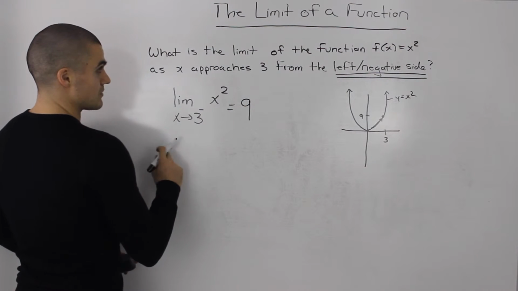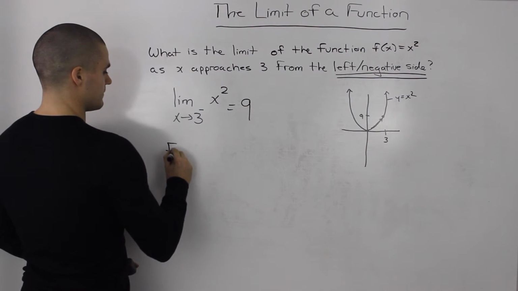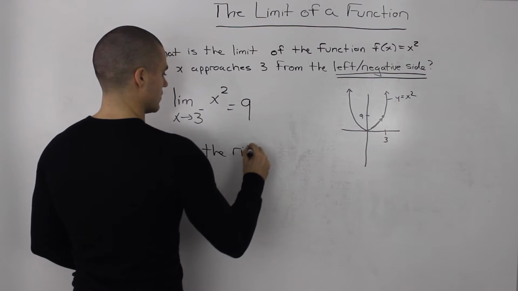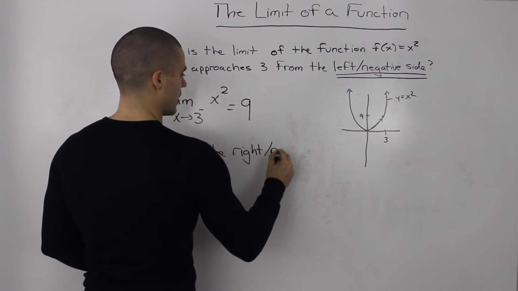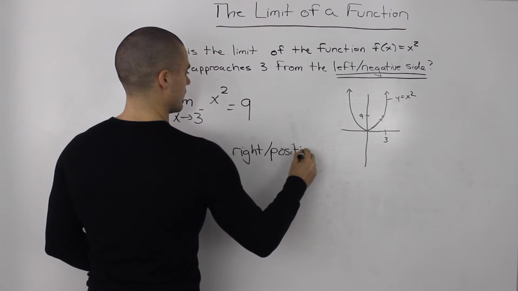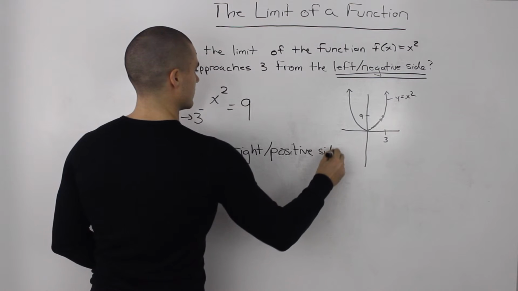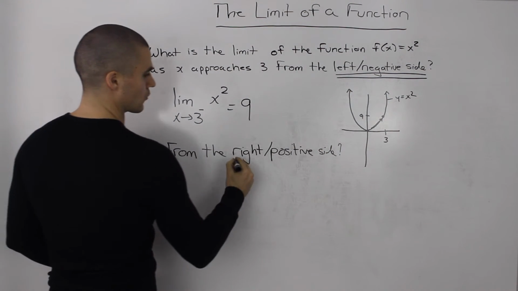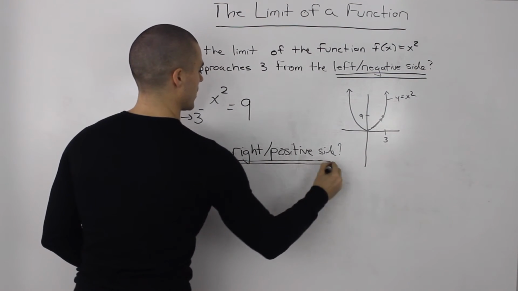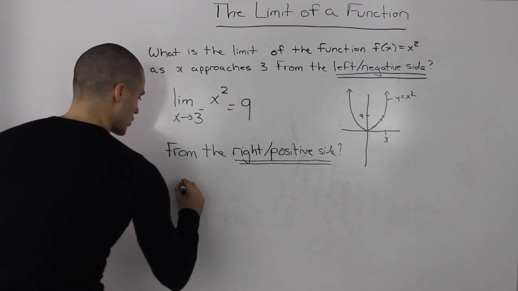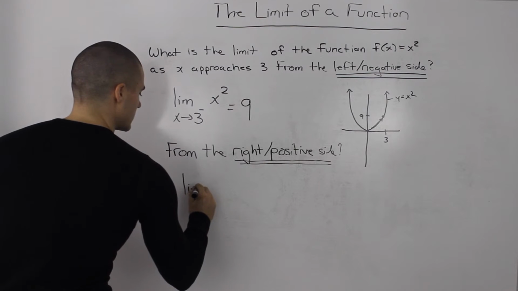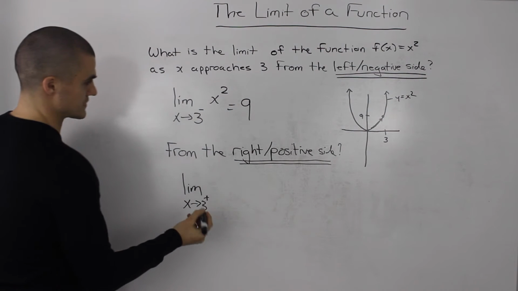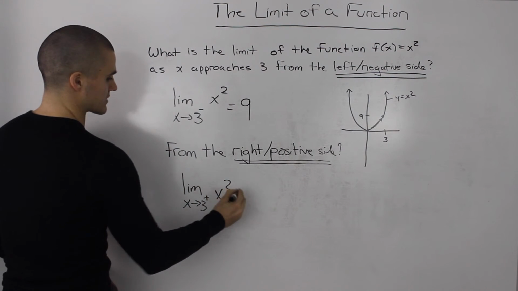What if they ask you the same question, but from the right or positive side? Okay, so same question, except this part here will be from the right or positive side. Well, in notation terms, you would just write this as the limit as x approaches 3 from the right or positive side of x squared.